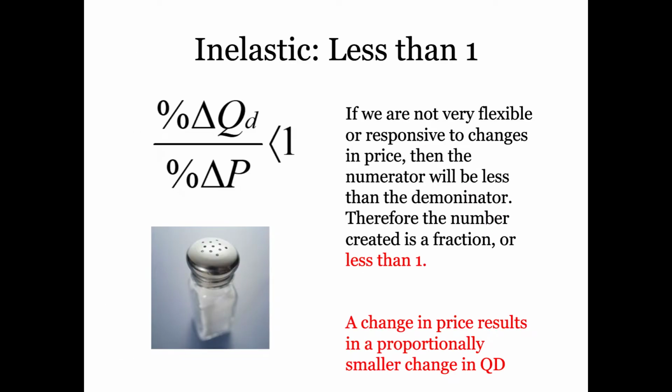Okay. We should be able to define the term inelastic too. As we said a moment ago, it's a value less than 1 when you calculate PED with a formula, and you define it verbally as a change in price results in a proportionally smaller change in quantity demanded. That is, if the price goes up or down, there's going to be a smaller change in quantity than there will be a change in price.